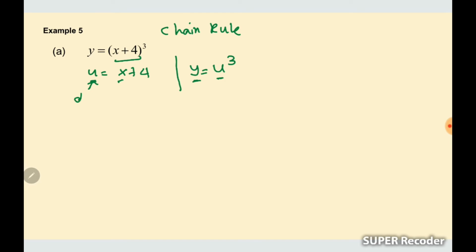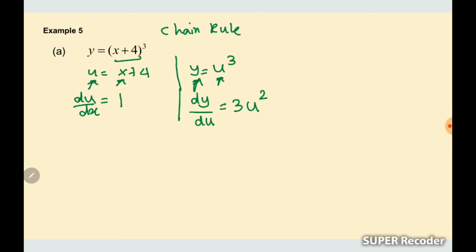When you differentiate u, it is du with respect to x, so du/dx equals 1. Now differentiate y, dy with respect to u, dy/du equals 3u squared, by using the rule that we have learned. So differentiate u cubed, 3u squared.